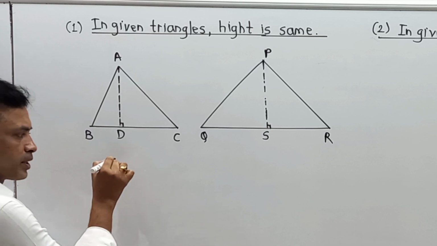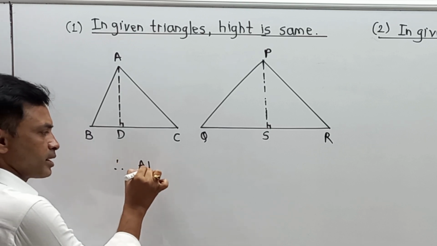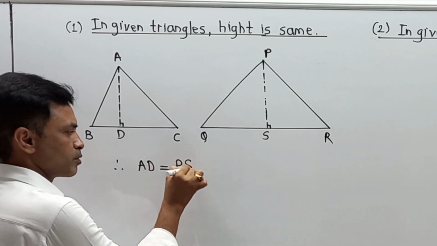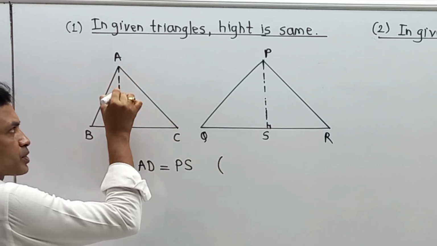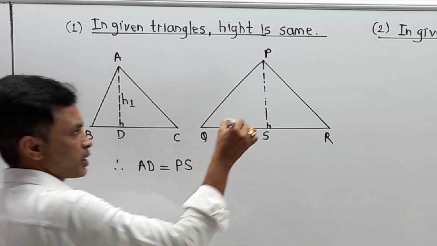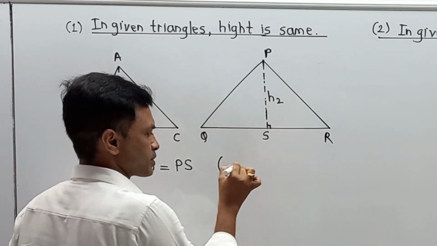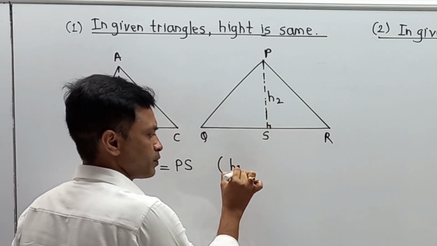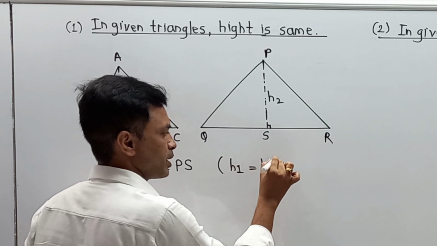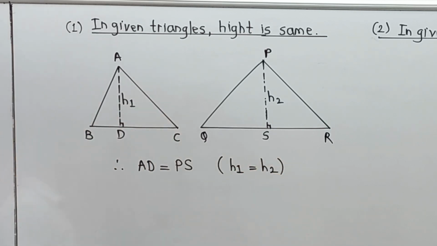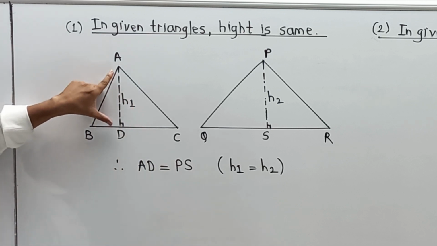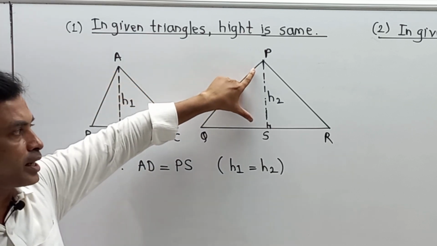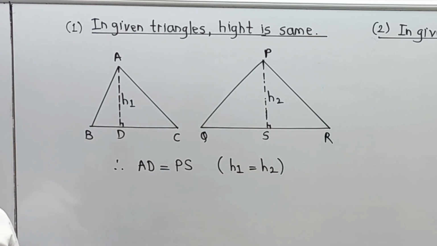Logically you can give a reason over here as AD is exactly equal to PS, or in reason form you can write the height of the first triangle is exactly equal to the height of the second triangle. That is the meaning in terms of logical length. If the height of the first triangle, AD, is 7 centimeter, then the height PS is also 7 centimeter.